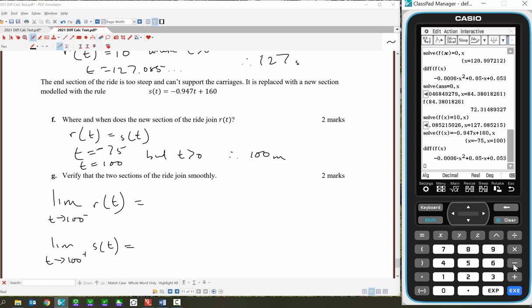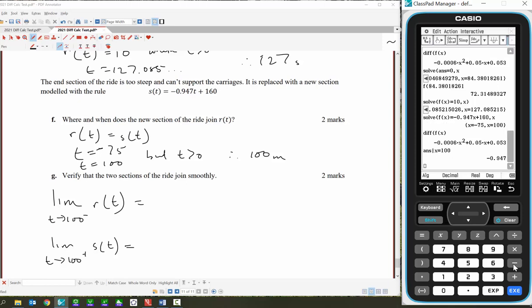And what we'll do is solve with x equals 100. And it says that the derivative is this. Now, they should be derivatives, not the original function.